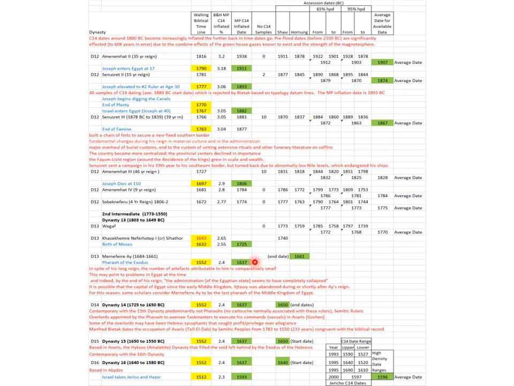The other thing I want to show is the accuracy of the timeline based on these average dates. We did the same thing here as we did up here with the pharaohs. Anything in yellow here are dates that we are sure of. They're from the biblical timeline, from the biblical characters.